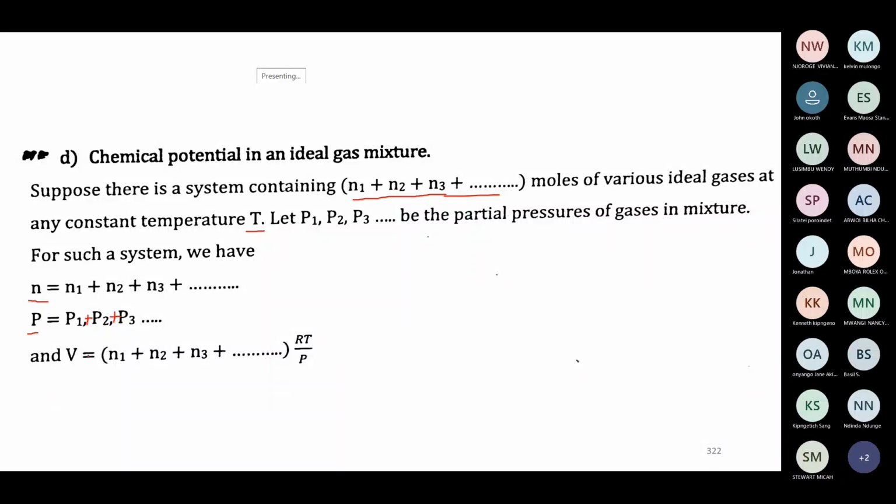Now from the ideal gas law, the total volume of this particular mixture is going to be given by N1 plus N2 plus N3 and so on, times RT over P, where P is the total pressure.